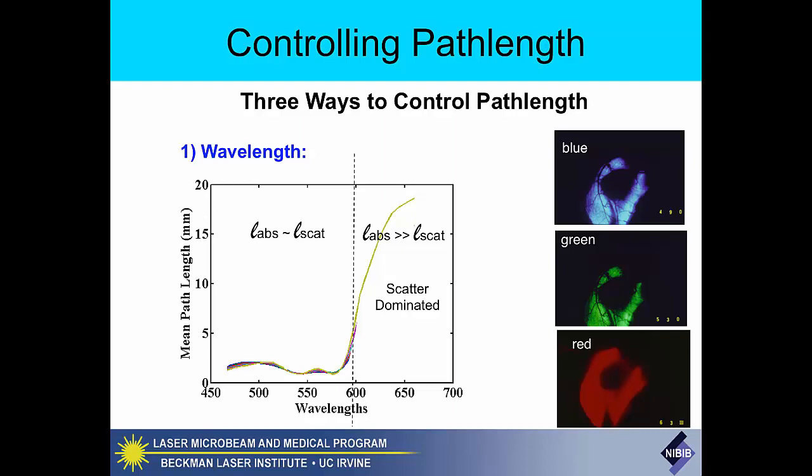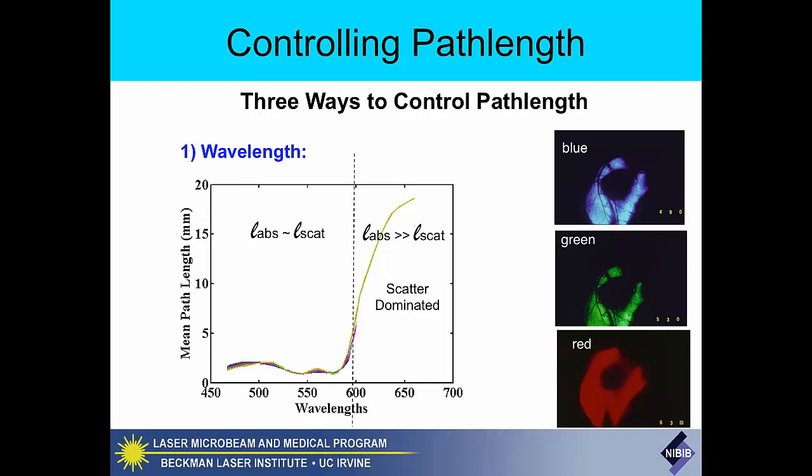So that wavelength-dependent path length is a way of controlling path length if you're trying to do an experiment. In other words, if I'm scanning my optical wavelengths across the visible into the near-infrared, and I look at the wavelength-dependent signal, I'm actually interrogating at different depths in the tissue.